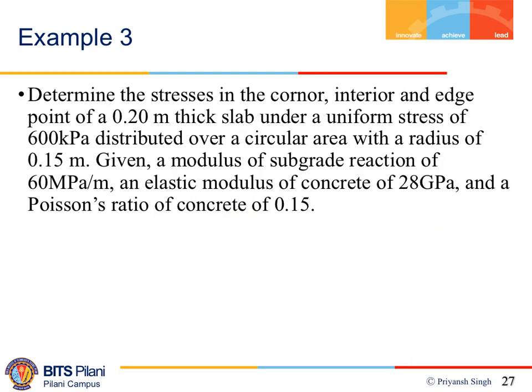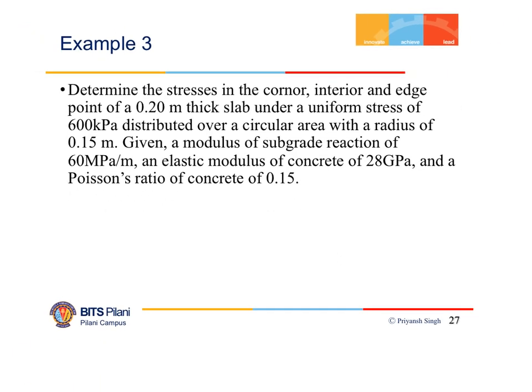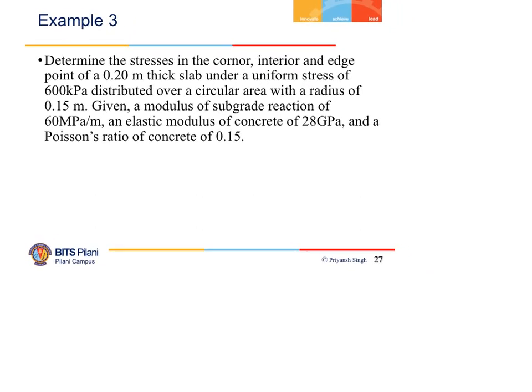Let's come to question number 3. Determine the stresses at the corner, interior and edge points of a 0.20 m thick slab under a uniform stress of 600 kPa distributed over a circular area with a radius of 0.15 meter, given a modulus of subgrade reaction of 60 MPa per meter, an elastic modulus of 28 GPa, and a Poisson's ratio of concrete as 0.15. The first step is to estimate the load due to which the stresses will occur.